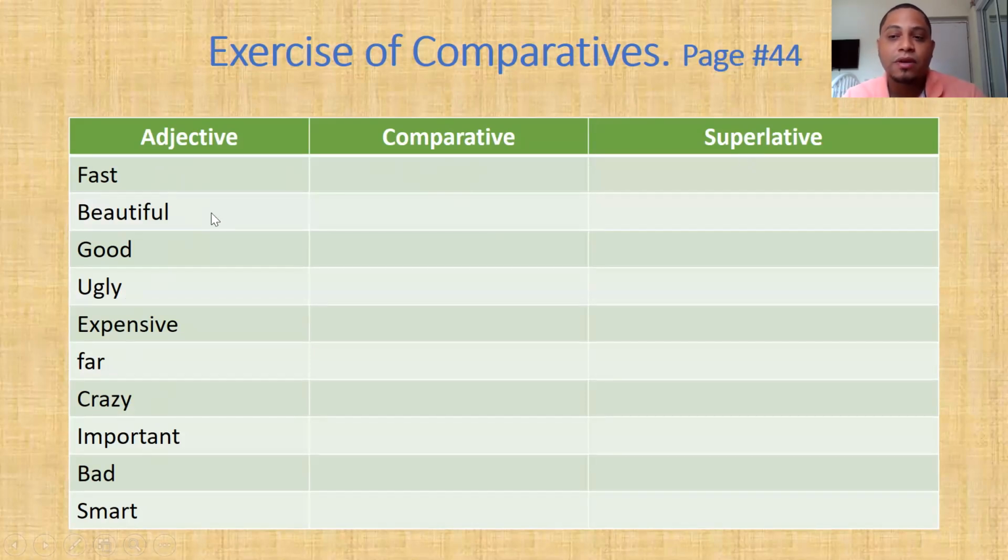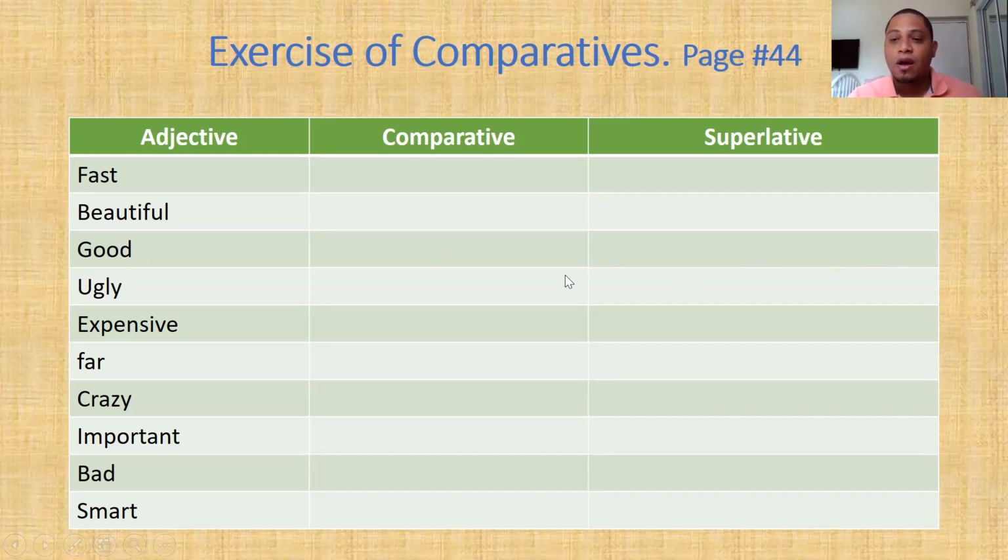Maybe you saw in the video or you read on page 44 that there are 3 types of adjectives. You have the ones that are regular, those are the majority. You have the ones that are irregular. For example, I will give you one. You have good, so good, the comparative is better, and the superlative is the best.